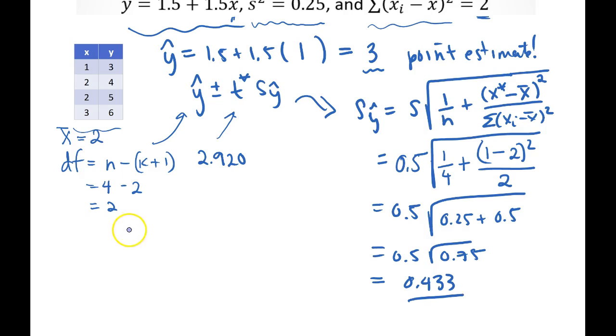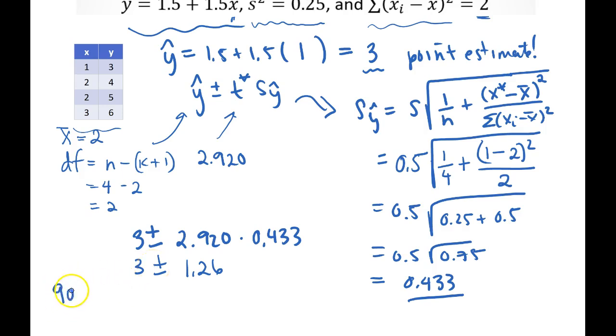So putting it all together, we get 3 plus or minus our t critical value of 2.920 times the standard error of 0.433. So this is equal to plus or minus a margin of error of 1.26, with a point estimate of 3.